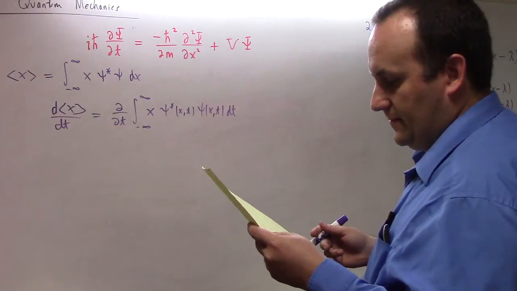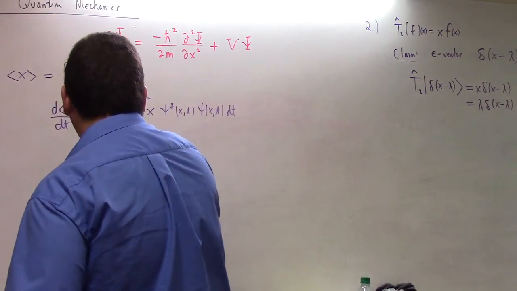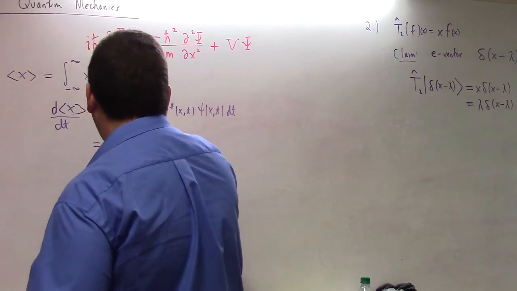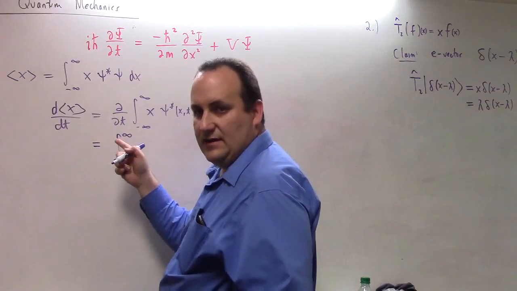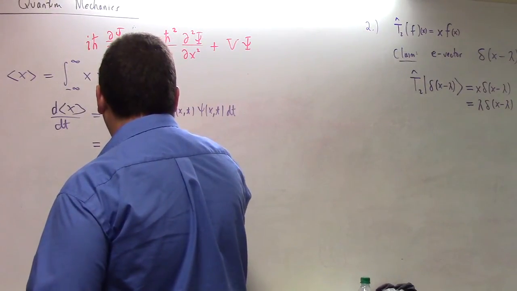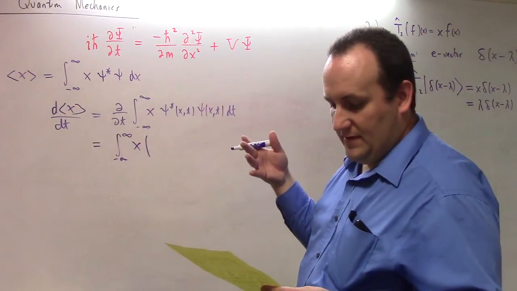Okay, so I pull the derivative inside the integral. Because we're taking the partial with respect to t, I can pull x out. Let me go ahead and write the steps so you can visualize it.